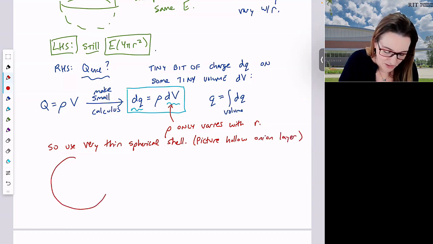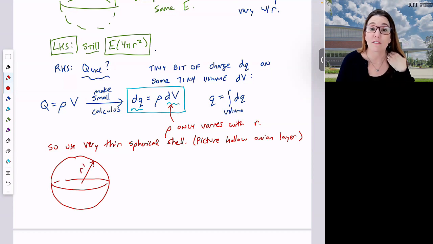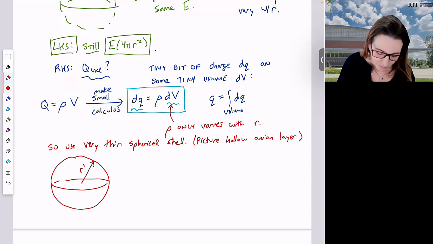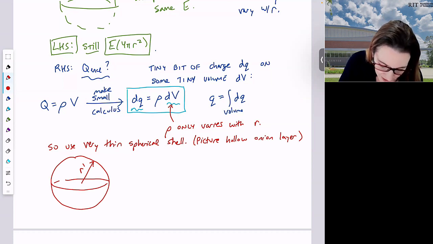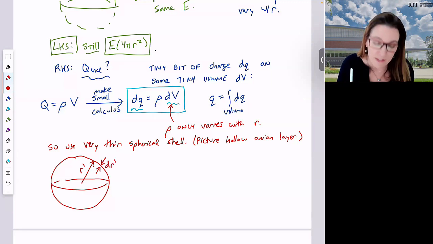If we have this tiny spherical shell, we're going to give it some radius, and I'm going to call that r prime, just to differentiate it from our Gaussian surface r. And then it's going to have some thickness associated with it, dr prime. So it has some tiny little thickness.